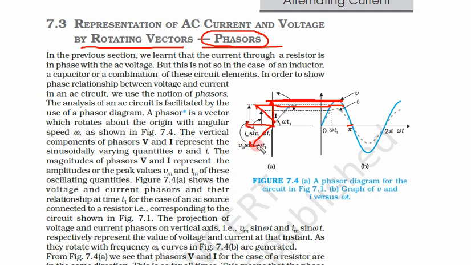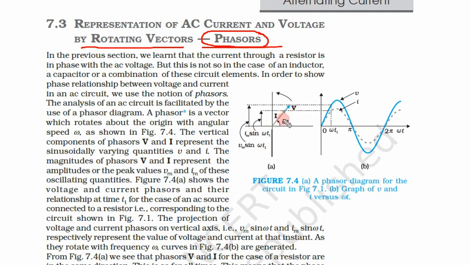Further rotation, we get this value, and again this value, and then this value. So in this way, we see that rotation of a vector is generating a sine wave. When we generate a sine wave by rotating a vector, that is called a phasor.